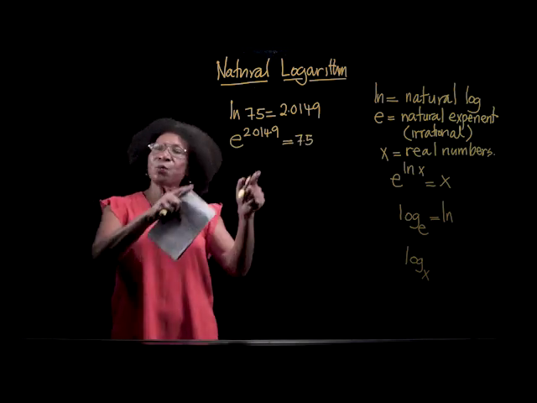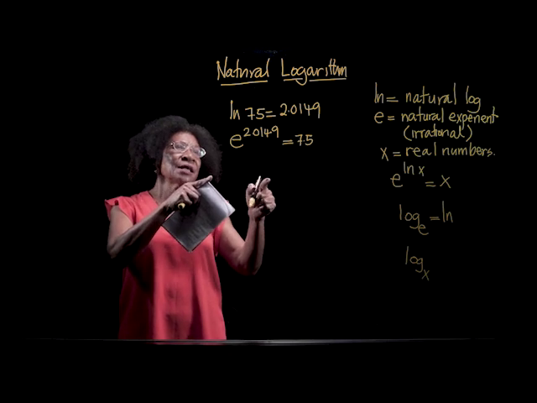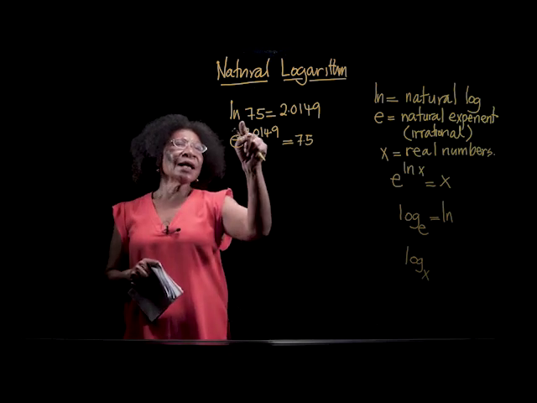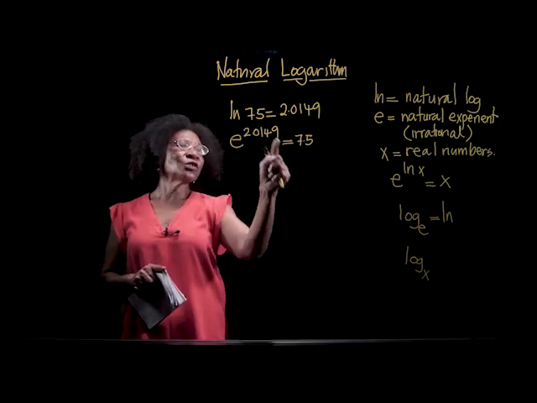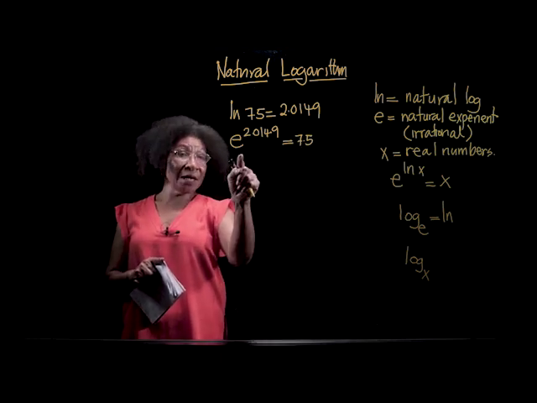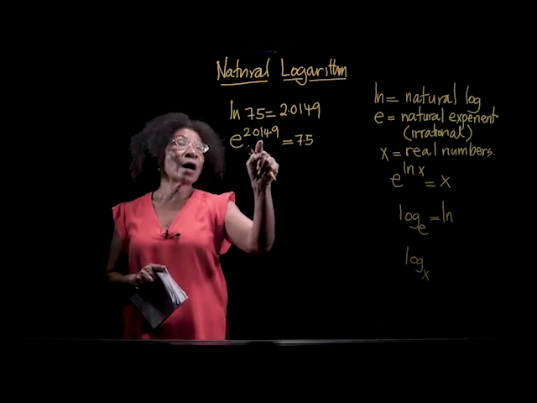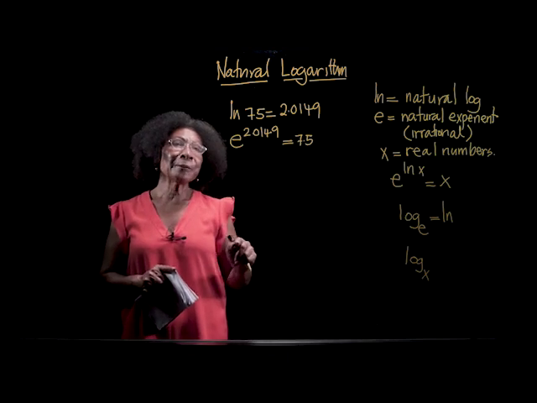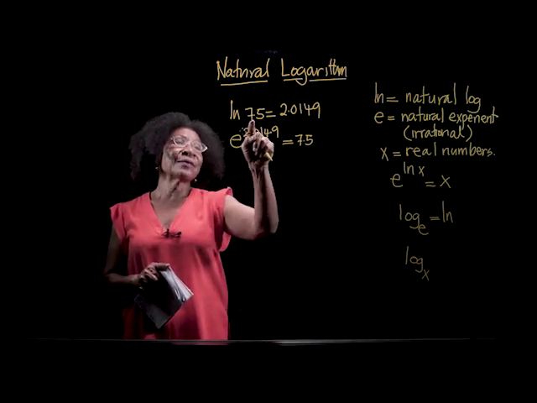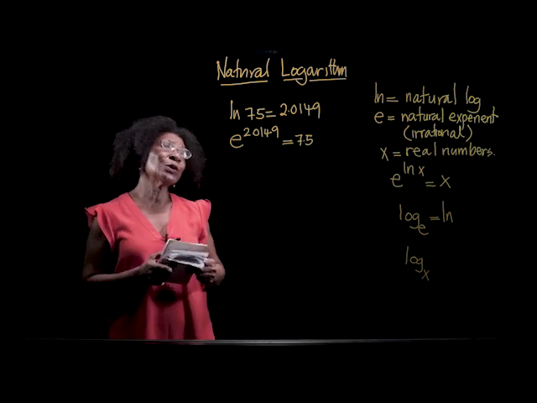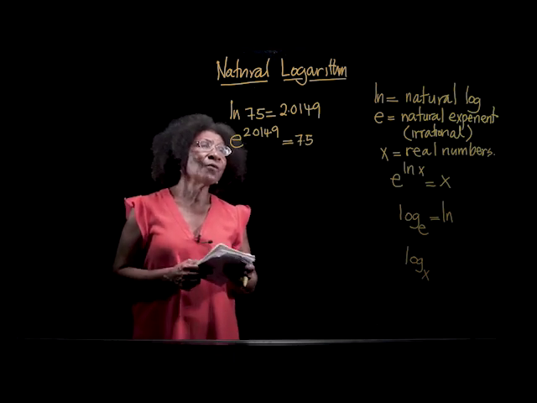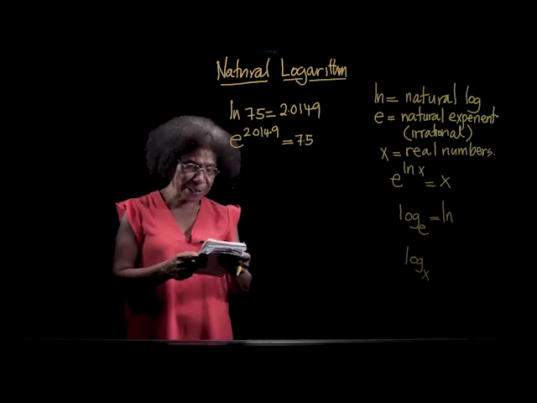Look at the position in which it is sitting. ln 7.5 is actually the result of e to the power of 2.0149, and ln 7.5 is equal to 2.0149. That's very interesting.